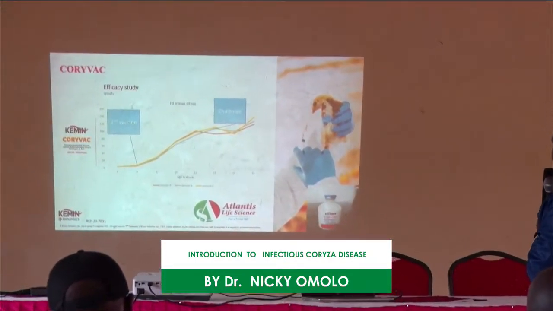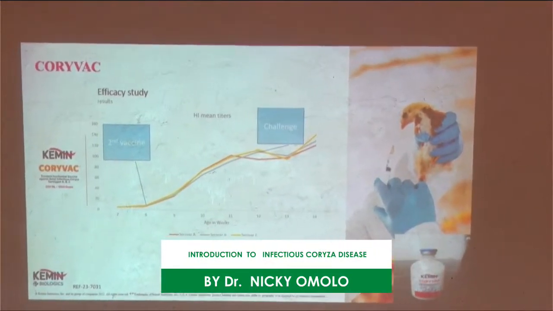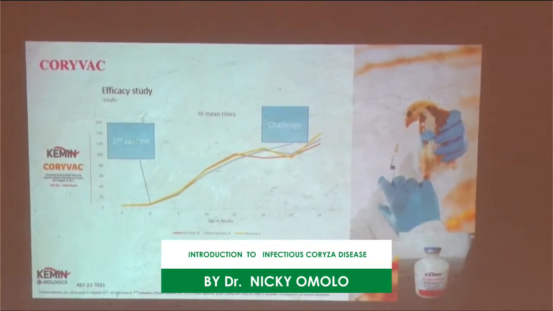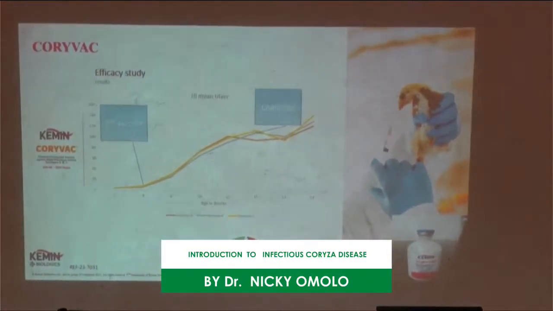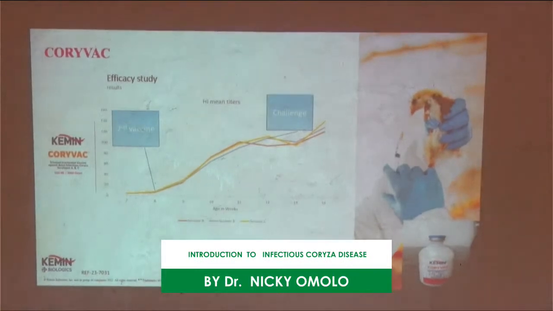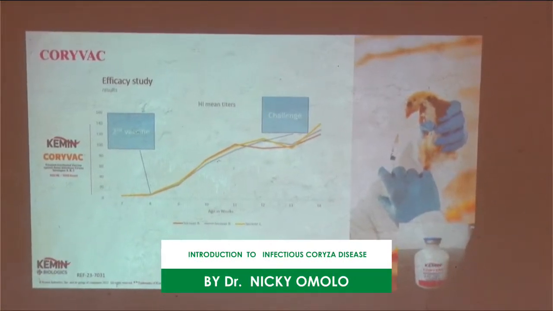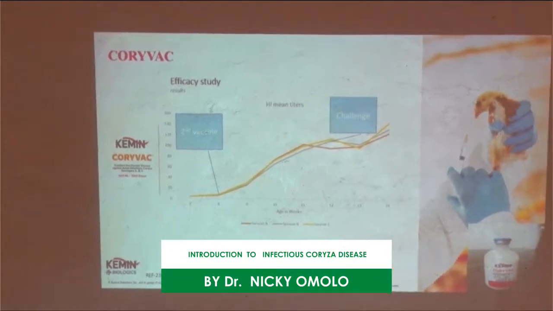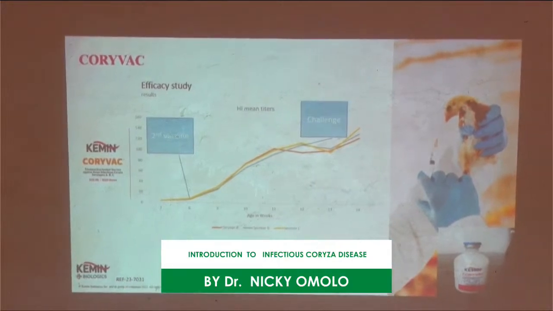If you look at the mean titers, what we call the titer value. Remember that when you administer a vaccine, the vaccine elicits an immune response. Then the target is, we are looking at the antibodies against the antigen. Are we together? So the antibody is the protection against the disease.